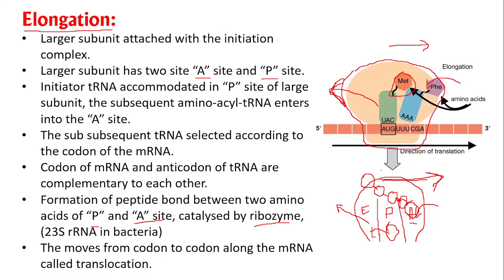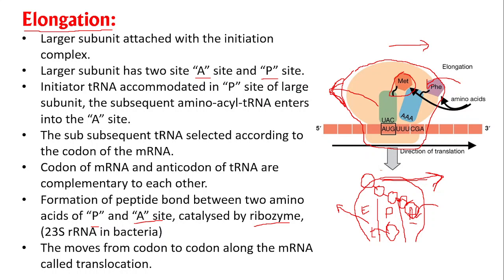And which particular charged tRNA will enter the A site? Do remember, the charged tRNA of the corresponding codon present on the mRNA will enter the A site of the larger subunit of the ribosome.